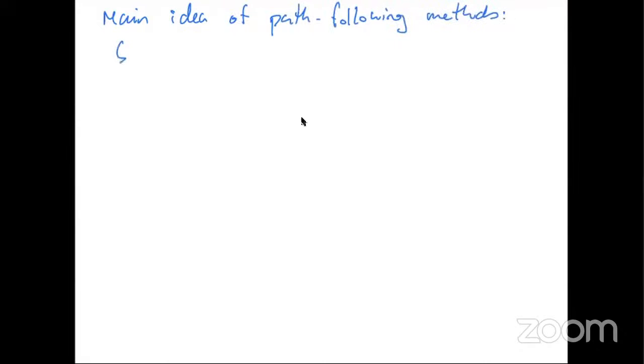Okay, so the main idea of path following methods. You start from x star of t1. I'm going to assume this is given.